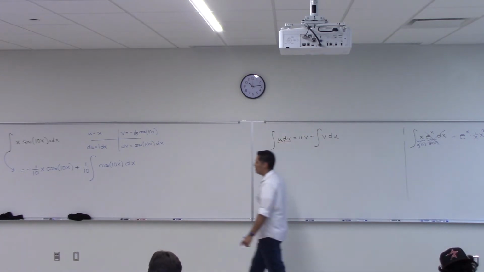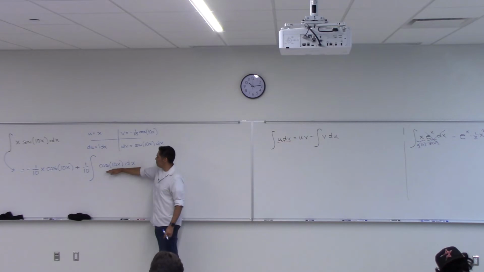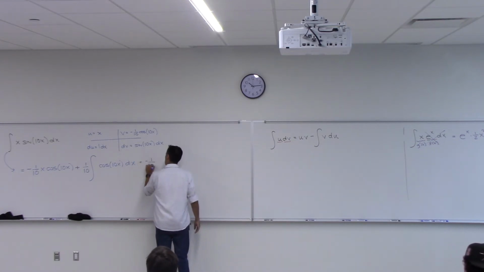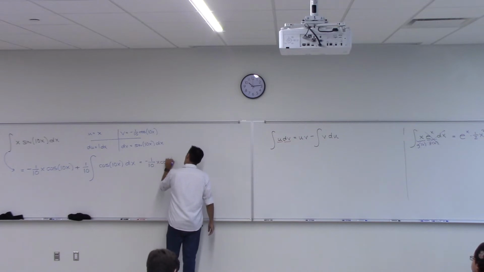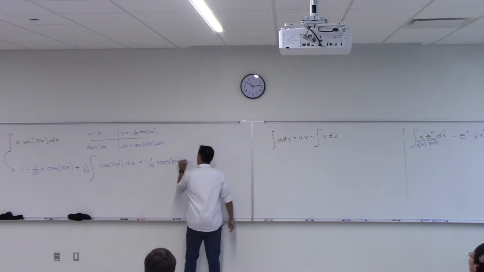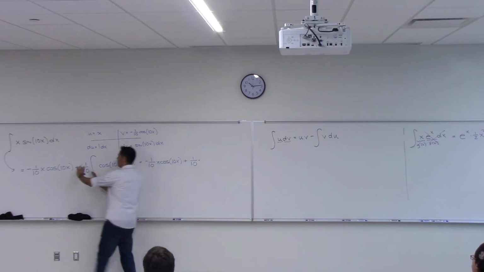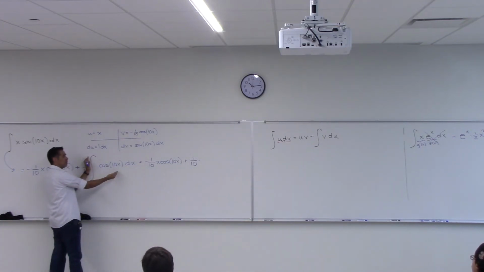All right, now we just have to take the antiderivative of this. Do you know the antiderivative of that? I hope you do. Plus 1/10. Okay, here it goes. Here's the antiderivative. I've moved all the way up to here. Now I need the antiderivative. What's the antiderivative? 1/10 sine 10x, right? 1/10 sine 10x.